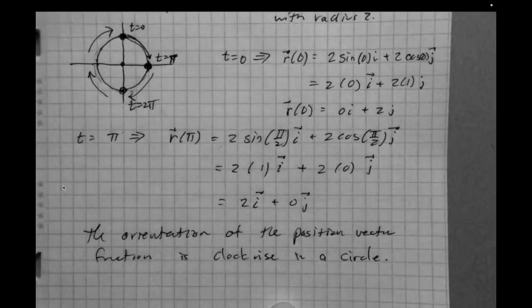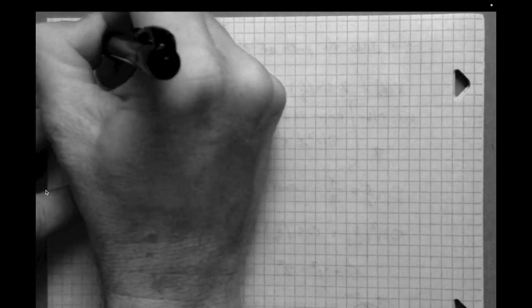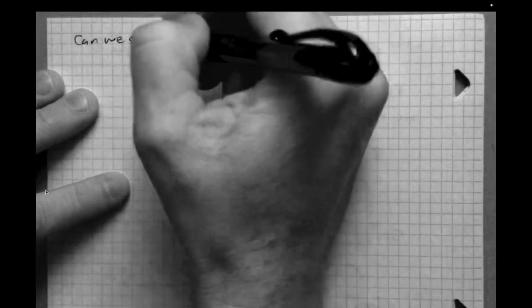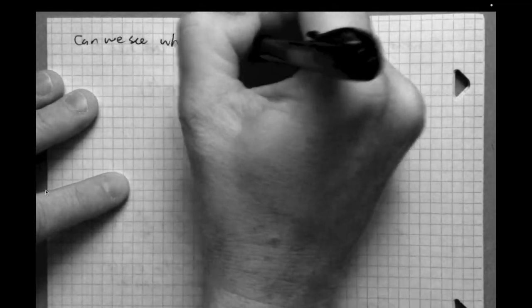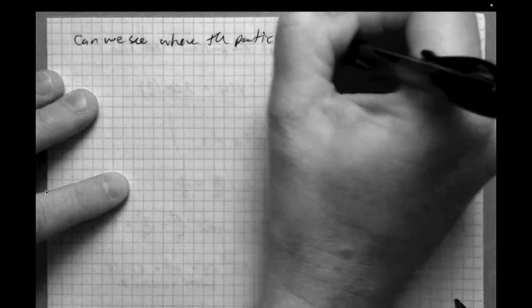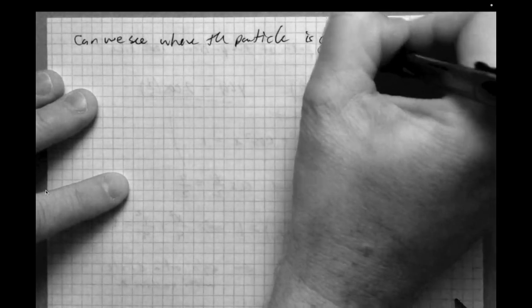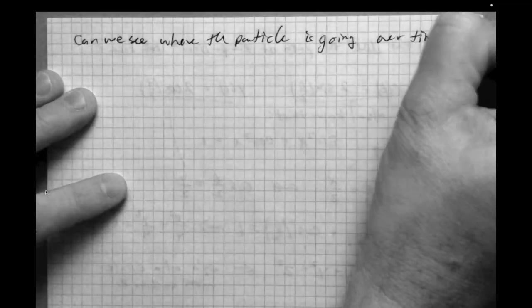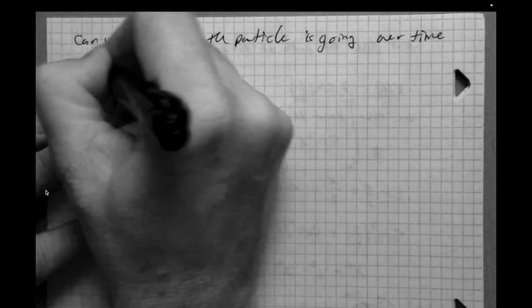Now, what happens with velocity and acceleration as t is changing? Okay, so this is a little bit more complex, but we can definitely look at this. Can we see where the particle is going over time, and have the vector valued function, and how these vector valued functions work together?